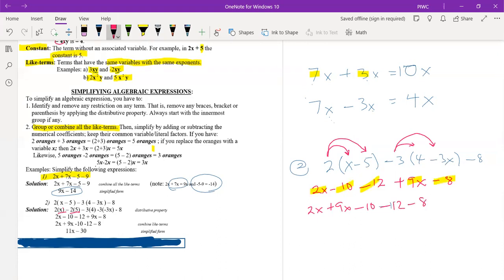Okay. So 2x plus 9x, we put these like terms together, we have 11x. Negative 10 minus 12 minus 8, that'll give us negative 30. Okay. Combining like terms and simplifying.